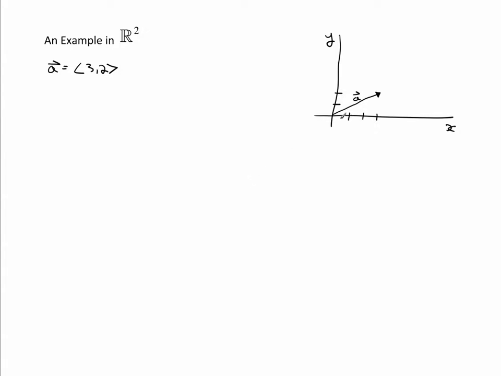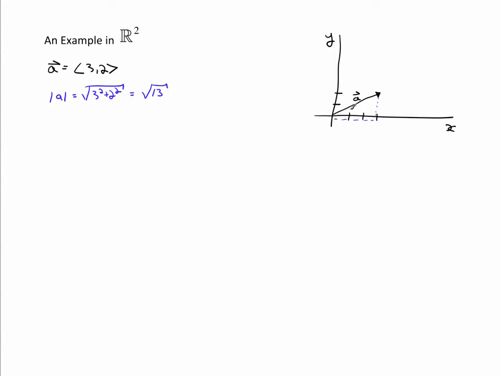Now, the length of A, simply by the Pythagorean theorem, take this distance and this distance. So the length of A is going to be the square root of 3 squared plus 2 squared, which is square root of 13.